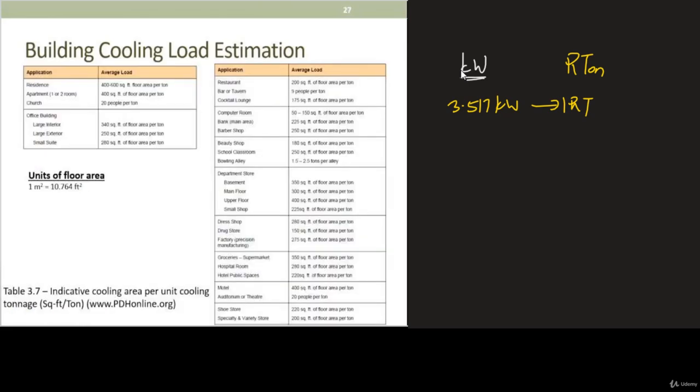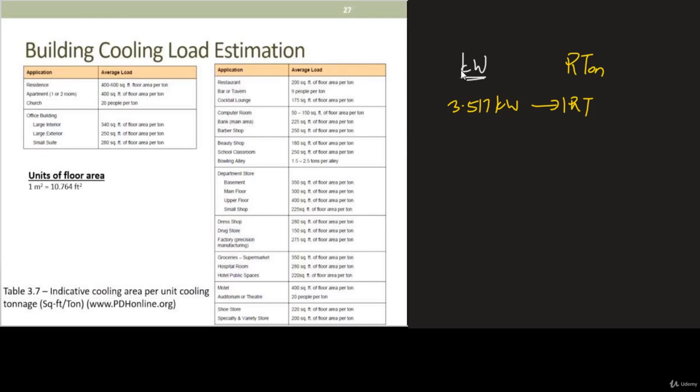So the rule of thumb, they actually have this kind of table to show you that, let's say for an office building and you have an interior, you may require 1 ton is able to cool down around 340 square feet. Or 1 ton is able to cool down around how many square meters? So these are what we call a rule of thumb, without using very exact calculations.